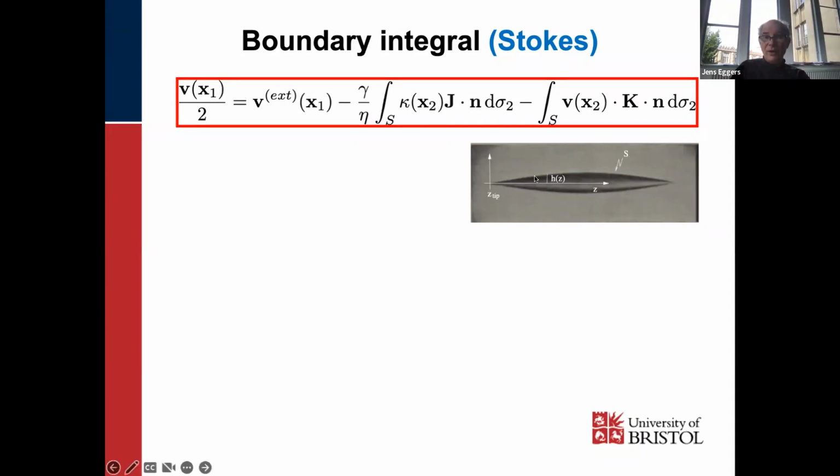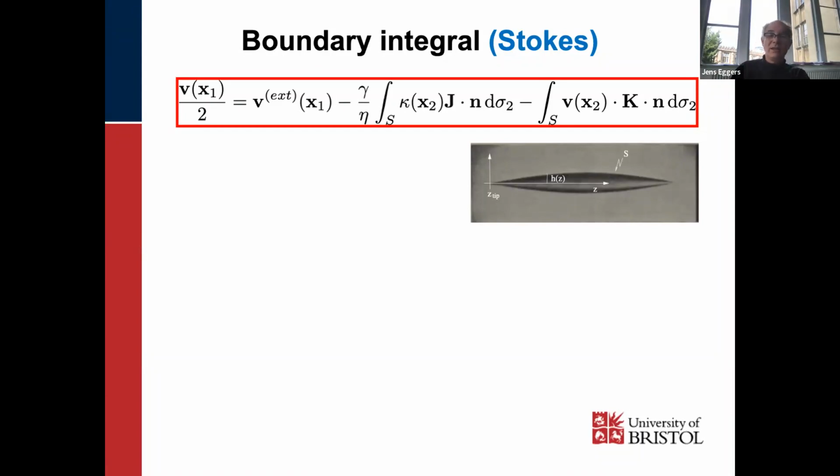If a flow is driven by surface tension, I can look at the free surface here as a superposition of delta functions, where each delta function corresponds to the force, or to the stress, I should say, exerted by the surface tension at that point.